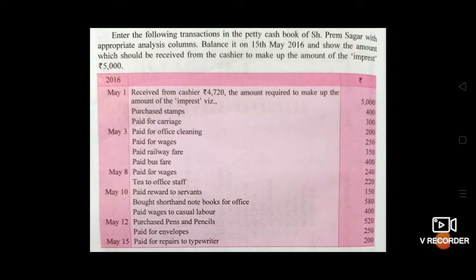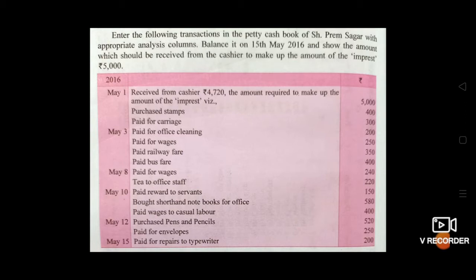So the balance will obviously be rupees 280, that is the difference between 5000 and 4720. Understood? So we have to write the balance first, rupees 280, and then the amount received from the head cashier, 4720. Understood?